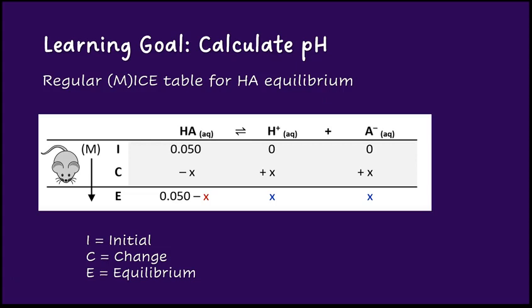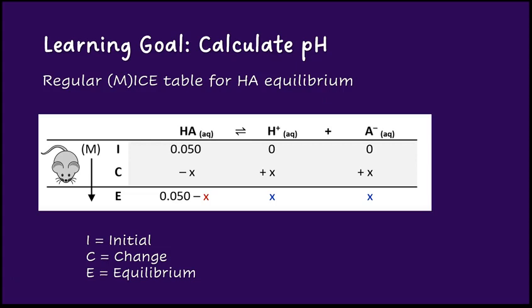We will know our initial HA molarity because it's given in the problem, but the products, H+ and A-, will be 0. The change that occurs with this equilibrium is that some of the HA is lost because it dissociates, and a stoichiometric amount of H+ and A- will be gained. The terms here are all 1x because the balancing coefficients for the chemical equation are all 1.